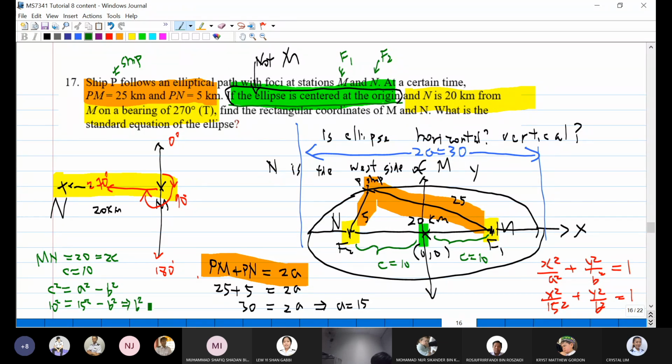B squared is 15 squared minus 10 squared, 225 minus 100, which is 125. So B squared is 125 now. Finally, x squared over 15 squared plus y squared over 125 equals 1, where 15 squared is 225.